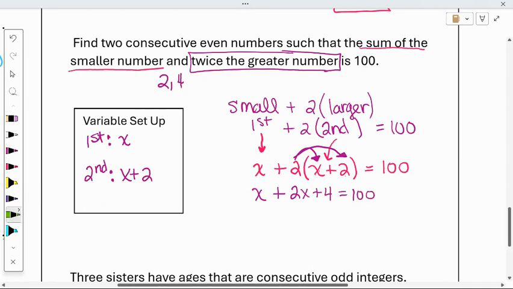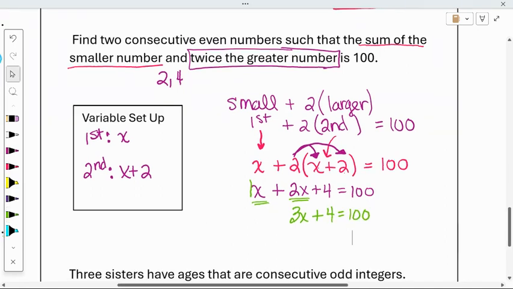Can I combine like terms on the left? Do you see anything that I can add together? Yeah, the x and the 2x. Remember this x has a 1 in front of it. I don't write it because I'm generally lazy. What is 1x plus 2x? 3x. Good job. So 3x plus 4 equals 100.